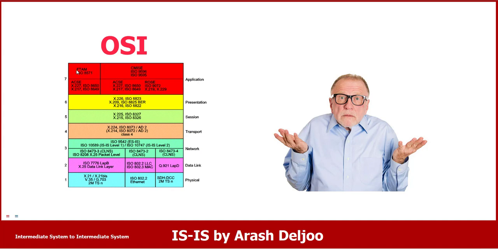The name of one of them is FTAM or ISO 8571. Yes, it is surprising. Also, the name of, for example, the transport layer protocol is X.224 or ISO 8073. Okay, I'm sure that you don't like these names.